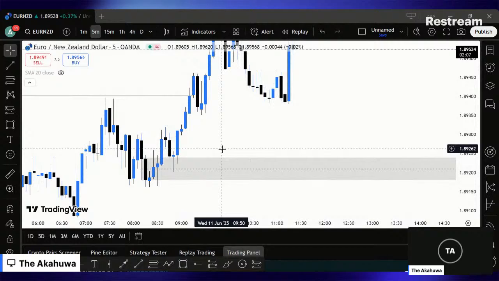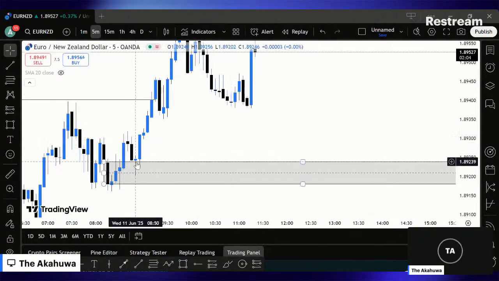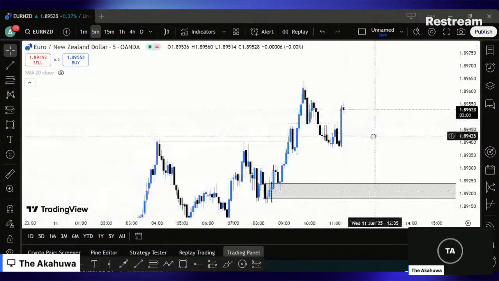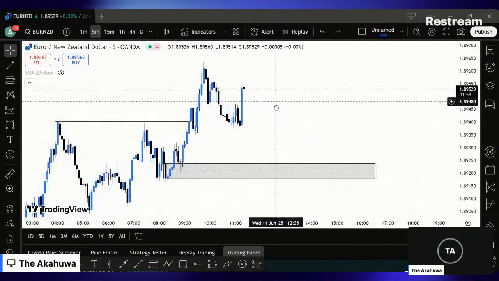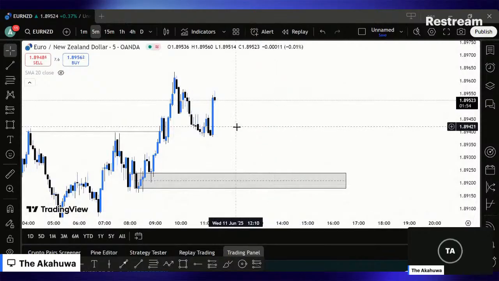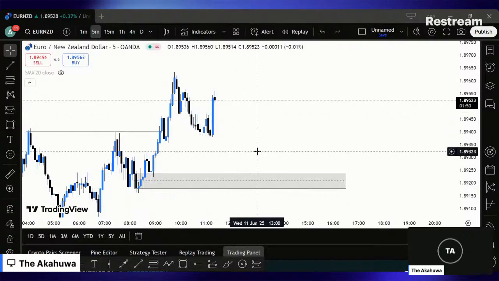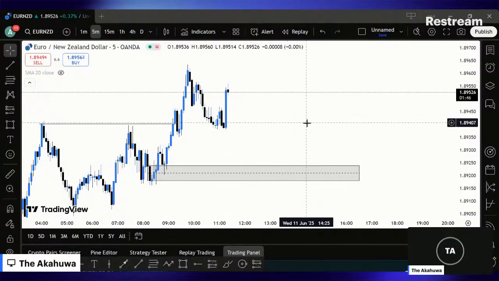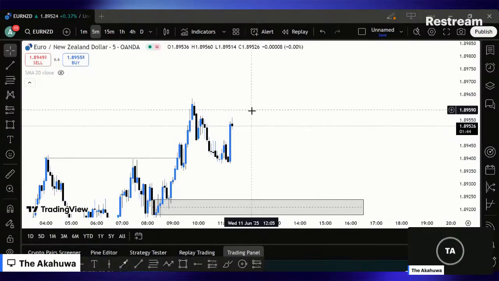The OB2 has been mitigated too. I can't see any reason to enter for a buy, to enter for any position yet.